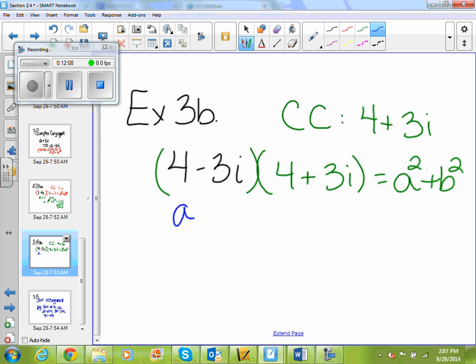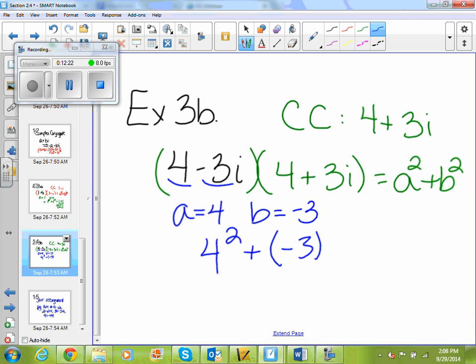So then my a is equal to 4, and my b is equal to negative 3. So then a squared would be 4 squared, b squared would be negative 3 squared. 4 squared is 16. Negative 3 squared is positive 9. And 16 plus 9 equals 25.